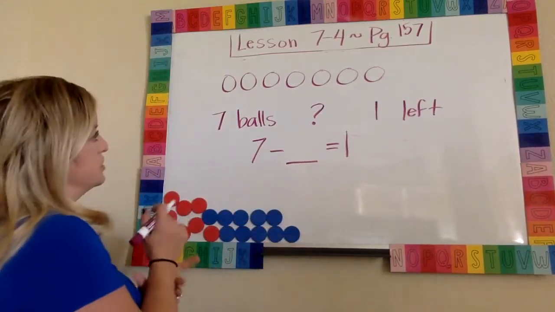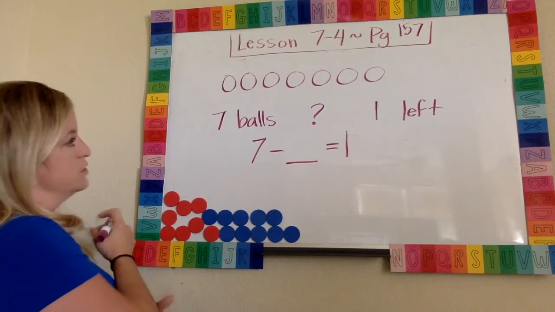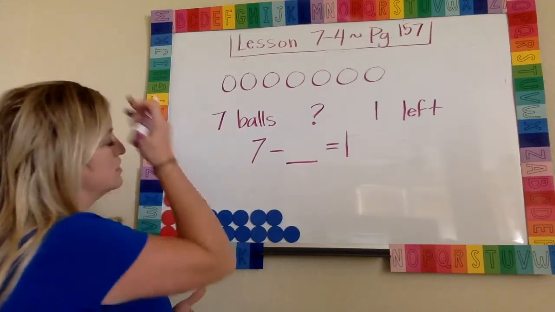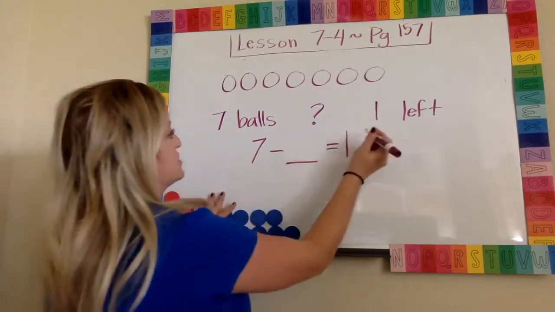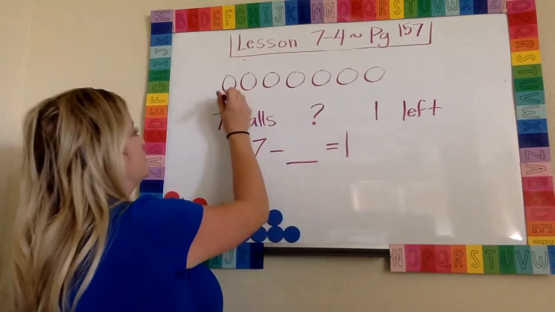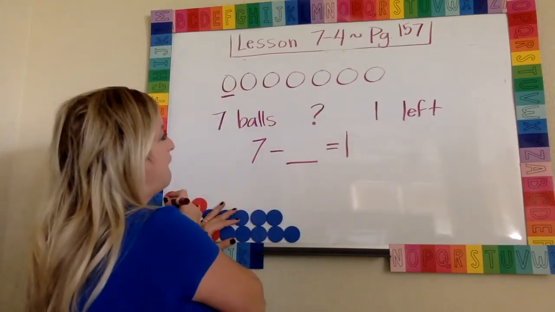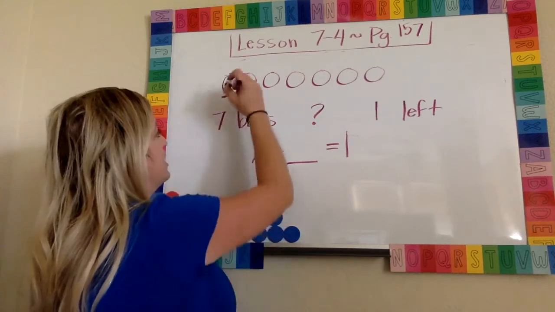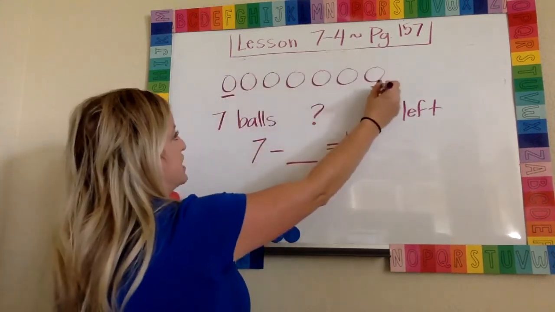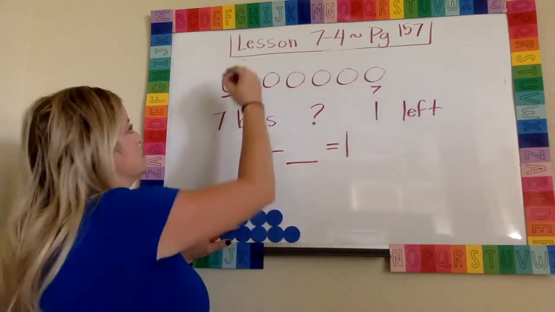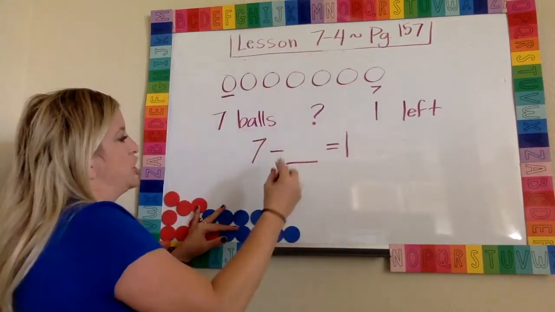So what I'm going to do is I'm going to start, you can do it either way. I'm going to start at 1. Here's my 1. I'm going to start here. And I'm going to count how many jumps until I get to my 7th ball. So this is adding on to subtract.